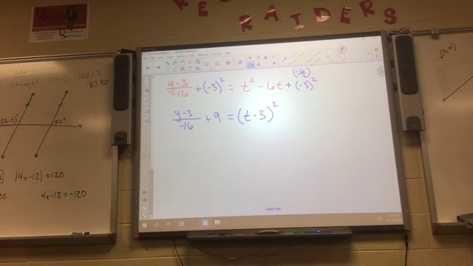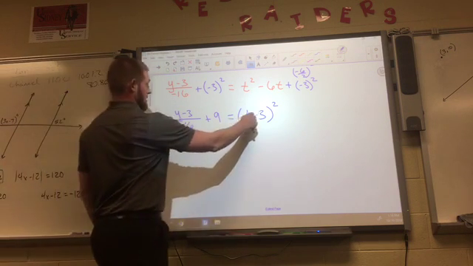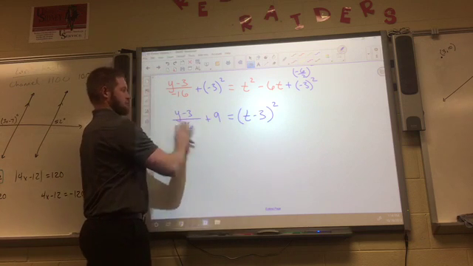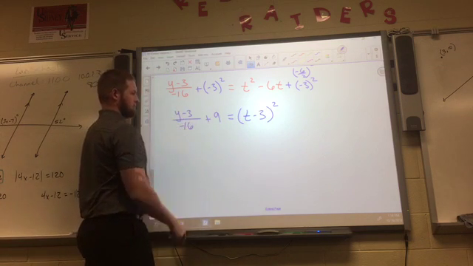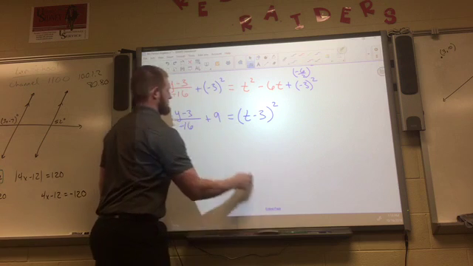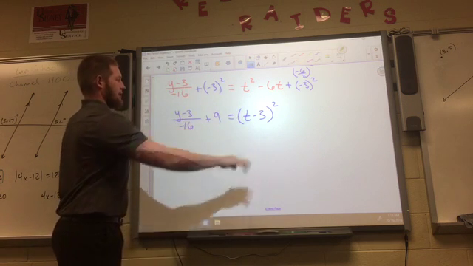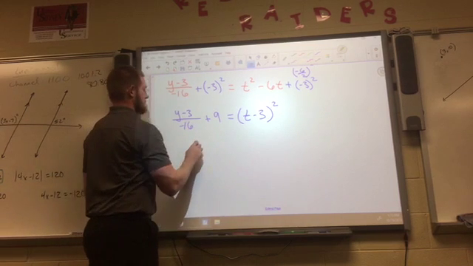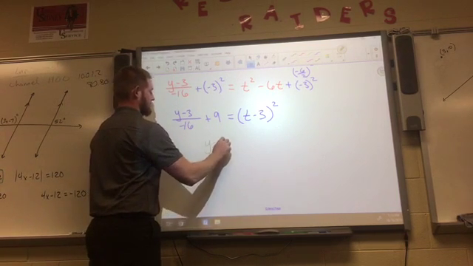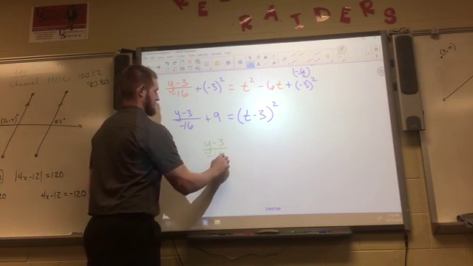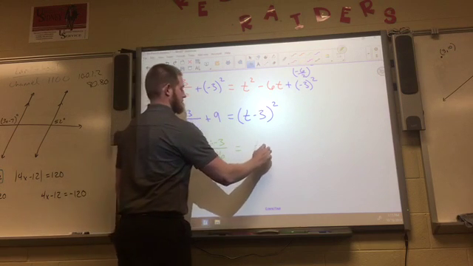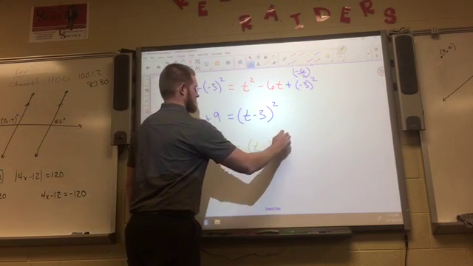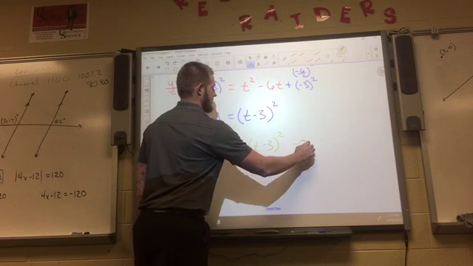So we're getting close because I got t minus h squared, but I still have this mess over here. What should I do first to start getting all this stuff back away from y? Subtract 9. So I have y minus 3 over negative 16 equals t minus 3 squared minus 9.